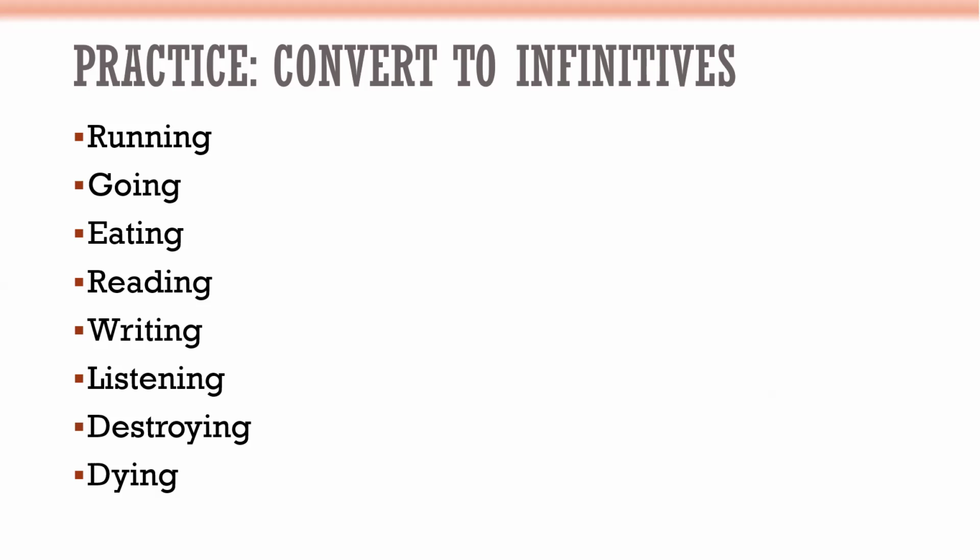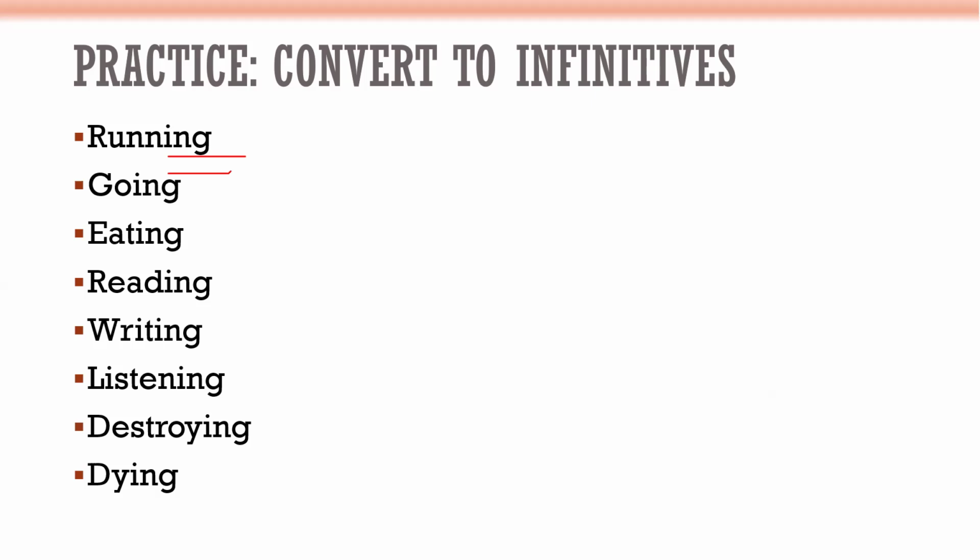Running, going, eating, reading, writing, listening, destroying, dying. If you are going to omit the to, then you can put ing. But if you're going to add the to in front of the verb, don't change the base form of the verb, okay? You can only add ing if you are going to delete to.